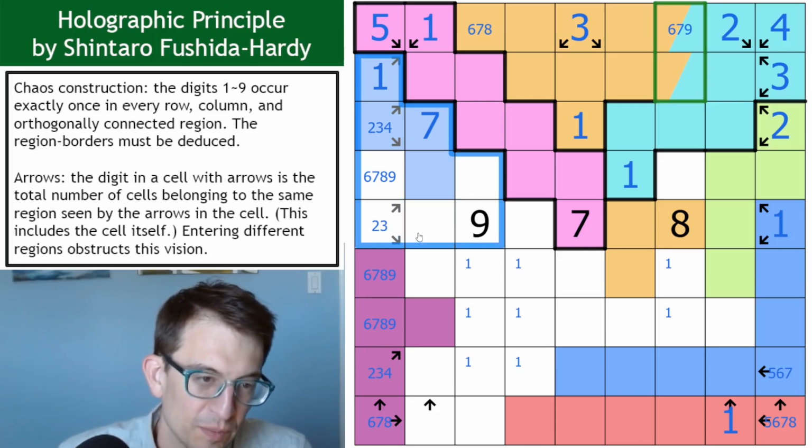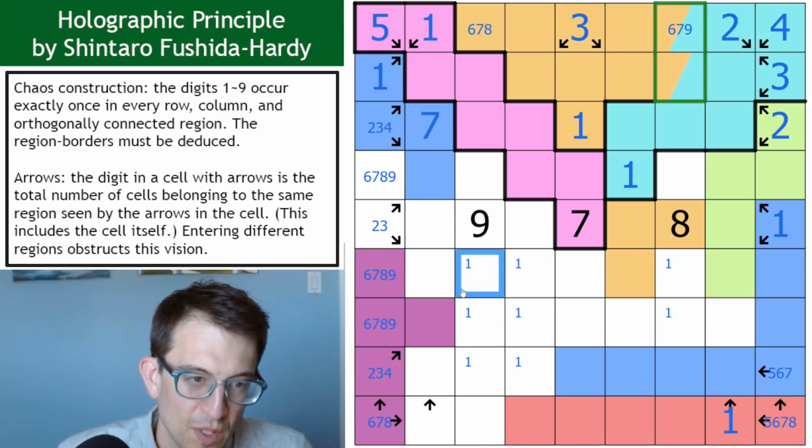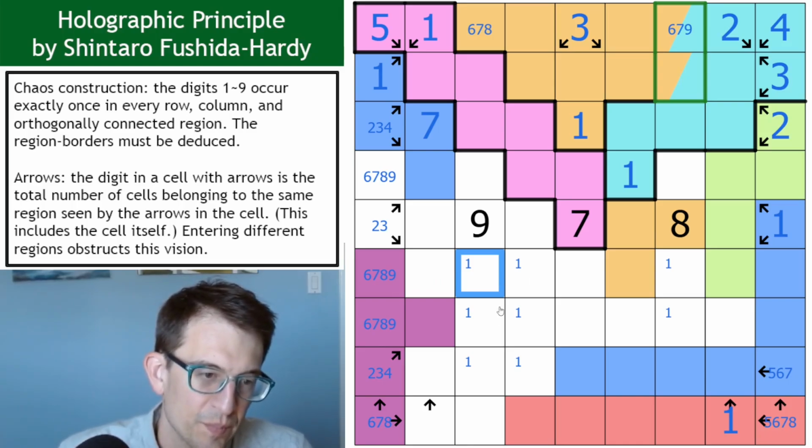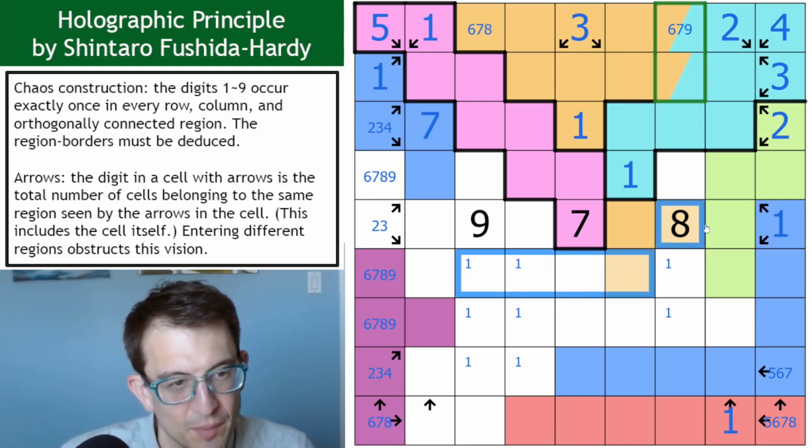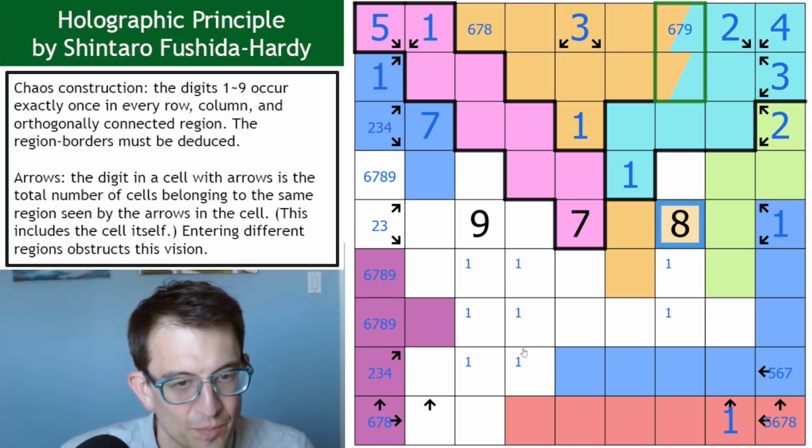This could be blue fairly easily. Is there any way this is not maroon? If this is not maroon, then this is a 2. Oh, it could be orange, I think, probably. Yeah, this could just be orange.